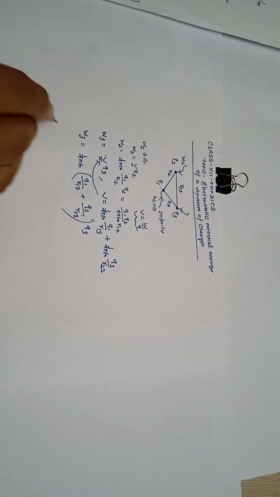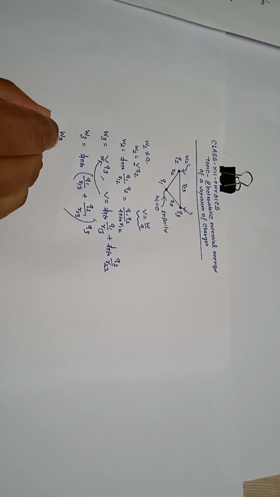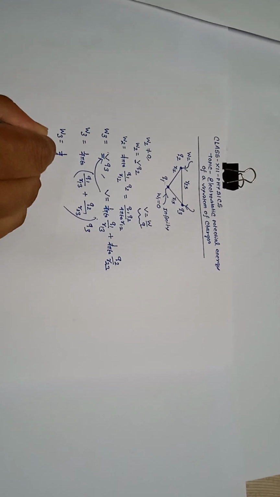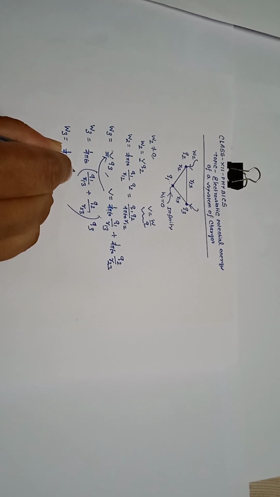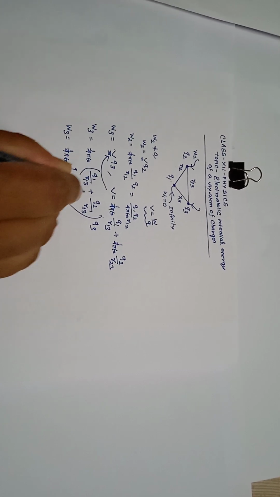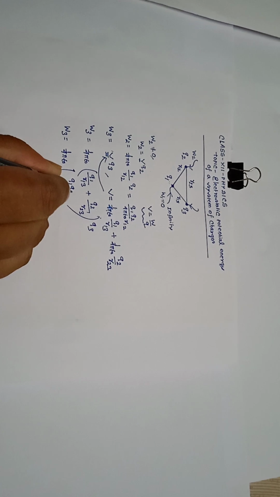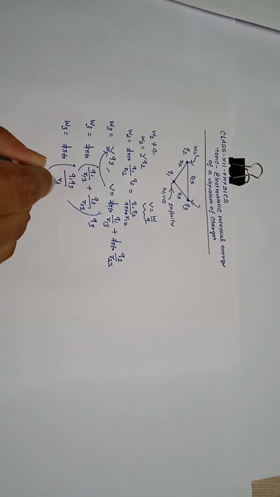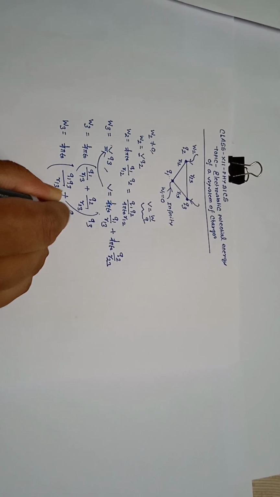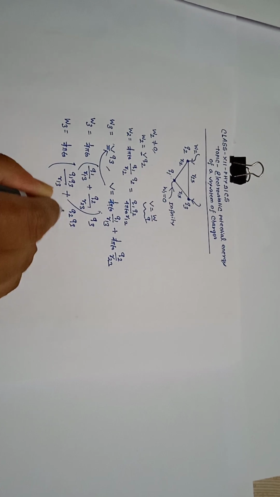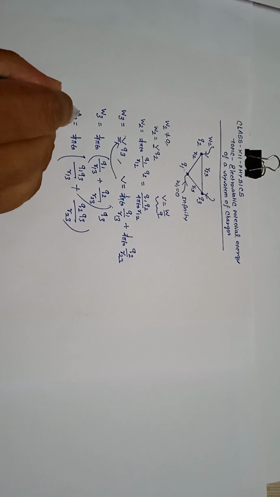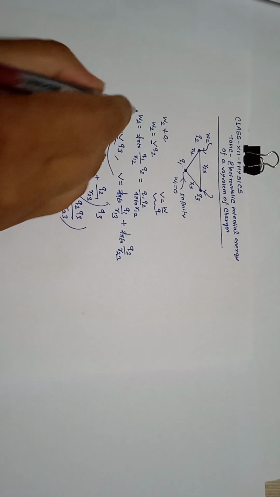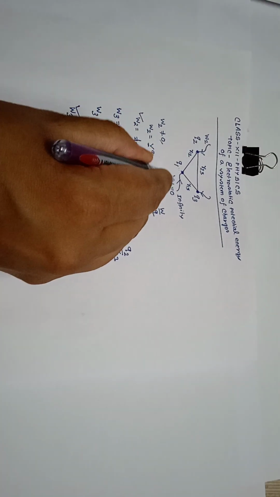After simplification the result will be: 1 by 4 pi epsilon naught, then q1 q3 by r13 plus q2 q3 by r23. So we have already found w3, w2 and w1.